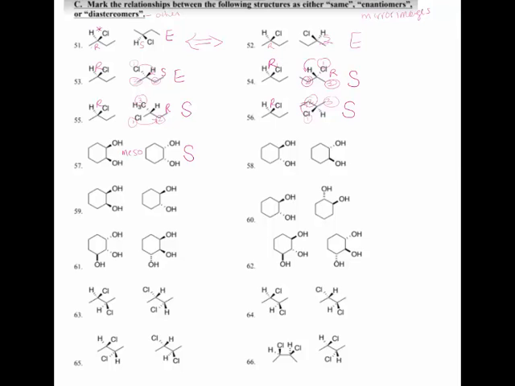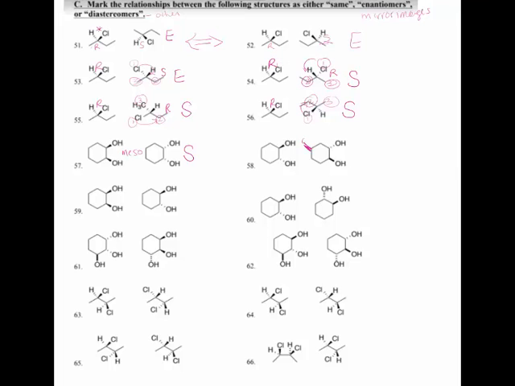Number 58, we have a trans to the ring. So we have an OH above and an OH below, an OH below and an OH above. And although they are trans to the ring, they are not the same compound. Now, if you can mentally turn this over so that we mirror.